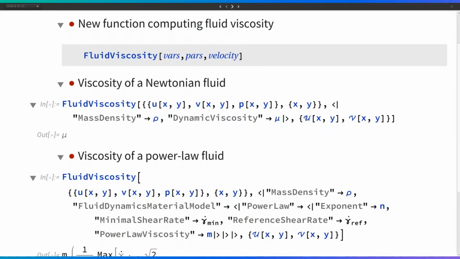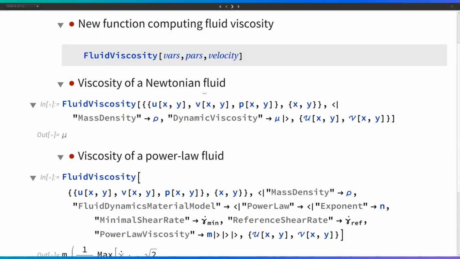So velocity in this case is u and v. As I already mentioned, the Newtonian fluid is a fluid with a constant viscosity. So in the case of the Newtonian fluid, the fluid viscosity just returns the dynamic viscosity. So the fluid viscosity is kind of a boring function for Newtonian fluids.